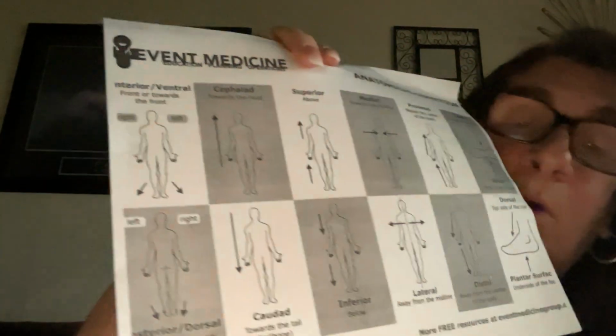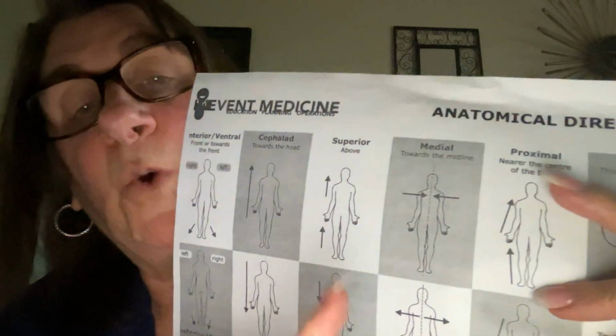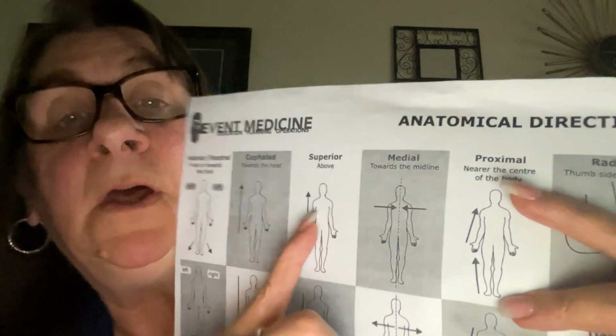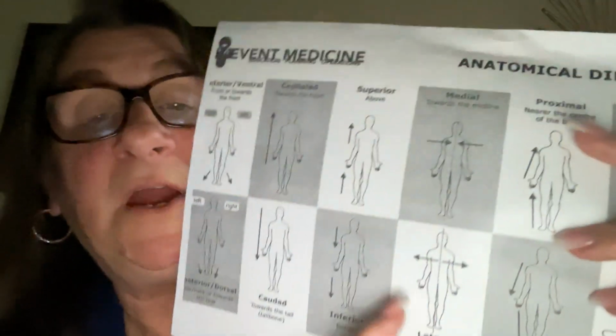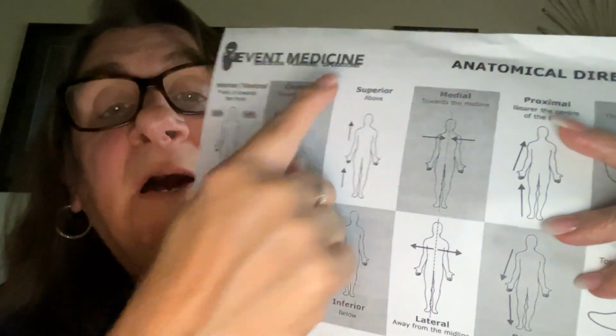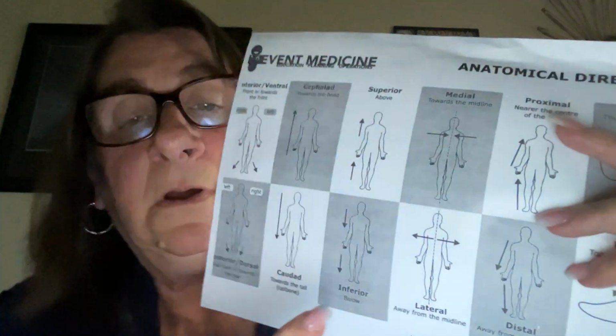What it says specifically, towards the tail, caudad, caudal, toward the tailbone. Next one, superior, above, going up, still in anatomical position, so they're facing us. Superior, above, going up. Inferior, going down, below.